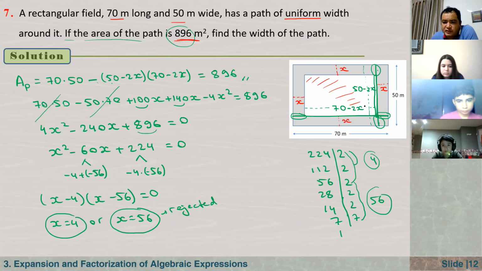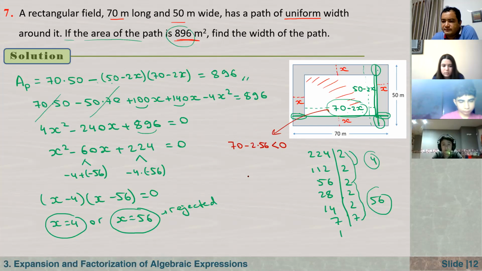Why? Because if you substitute here, for example, 70 minus 2 times 56, it's a negative number, right? So a negative number cannot be used to measure the length. If you substitute, it cannot be the answer. Assume that x equals 56. Then 70 minus 2 times 56, what is it?